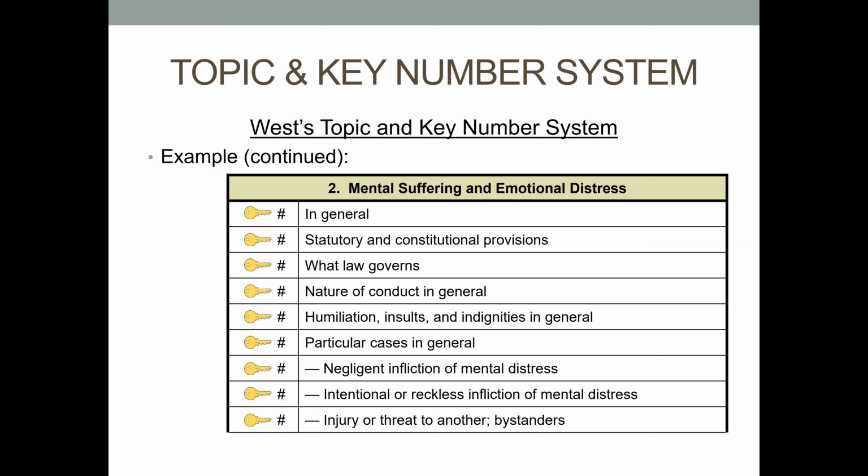The fourth one is the nature of the defendant's conduct in general that would entitle a plaintiff to recover these damages, and so on and so forth. So when you get to the key number subtopic stage, you are at the narrowest subdivisions possible of the major topic, and here the major topic was damages.